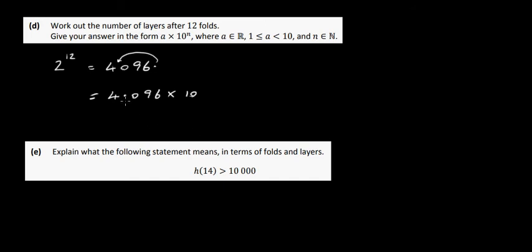So how many places would we need to move this decimal point to bring it back to here again? Well, it would be 1, 2, 3, and it's to the right, so it's plus 3. So this is our answer here, 4.096 by 10 to the power of 3. That's it for that part.